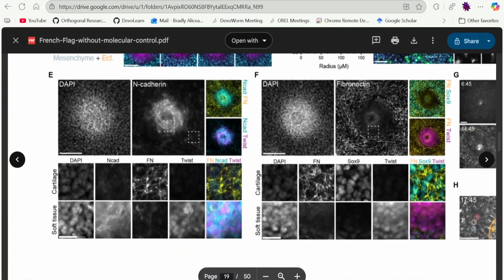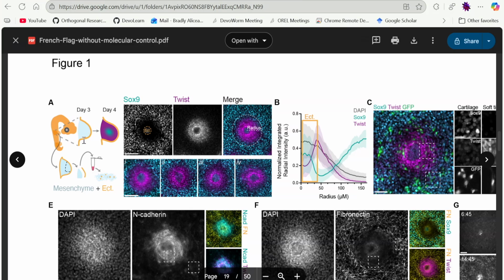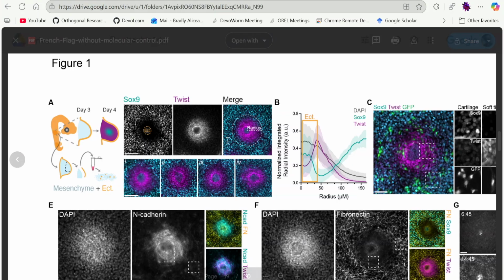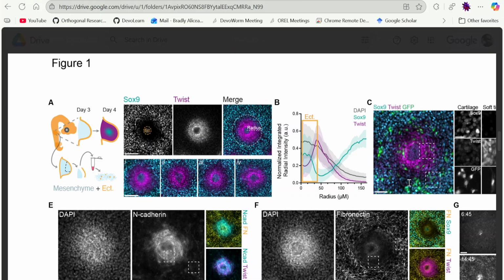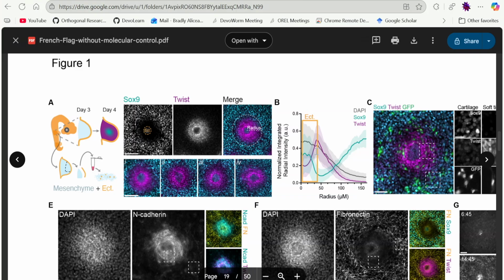Okay, so this is figure 1. You have this mesenchyme and ectoderm. You have this development over time, and you have these stains where you have SOX9 and Twist, and then this is merged. You have this other image here, which is where you have the expression over time.